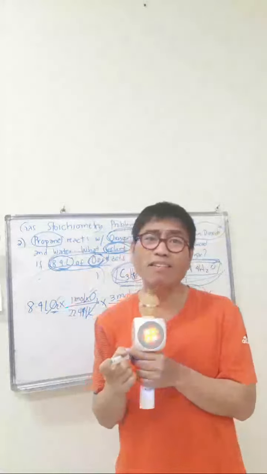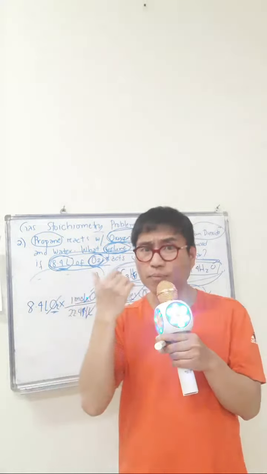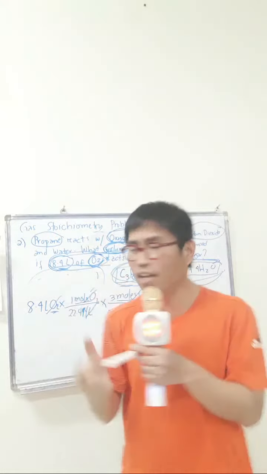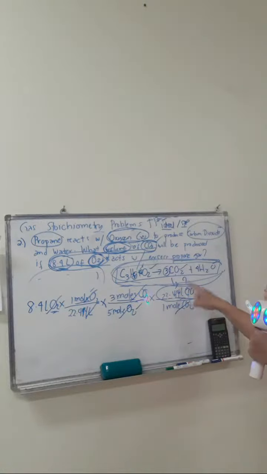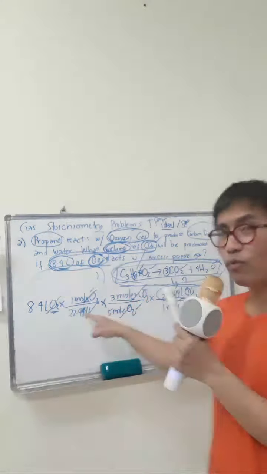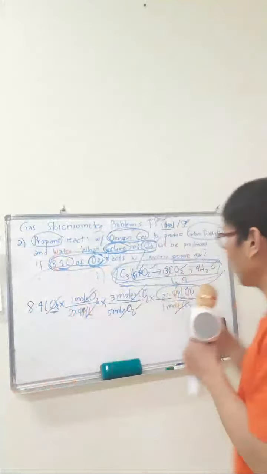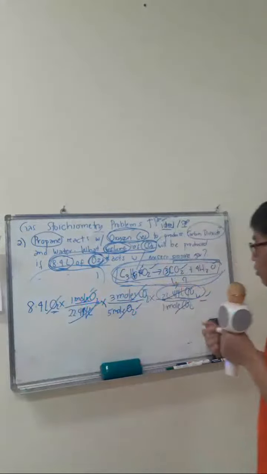What do you mean by parallelism? Meaning there's the same numerical figure and the same unit. We have 22.414 liters at the top and also 22.414 liters at the bottom, in the denominator. So we immediately consider the 22.414 liters, and we cancel them by theory alone.